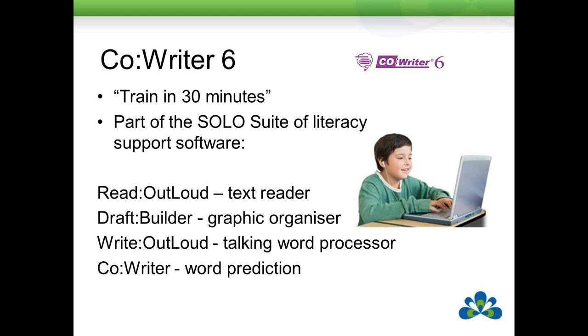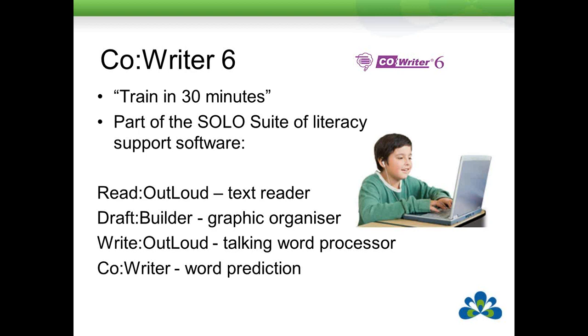It's part of the Solo suite of software, and that includes Read Out Loud, which is a text reader, Draft Builder, which is a graphic organizer, a bit like a program called Inspiration, a mind mapping tool, Write Out Loud, which is a talking word processor, and co-writer. Think of it in the way of, say, Microsoft Office, in terms of Word, PowerPoint, Excel, and so on.